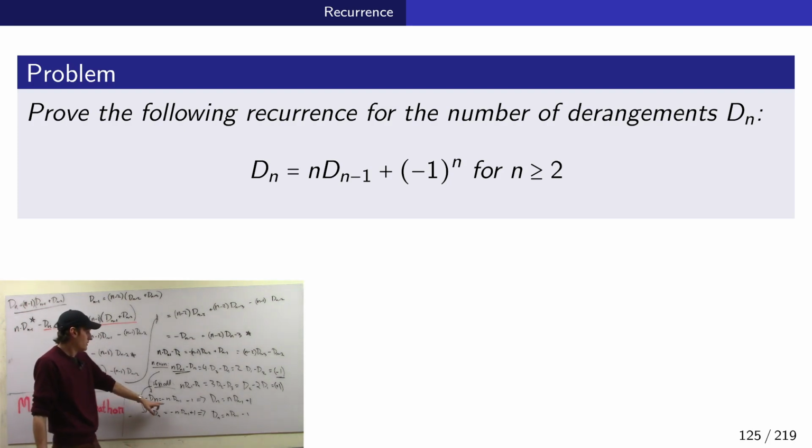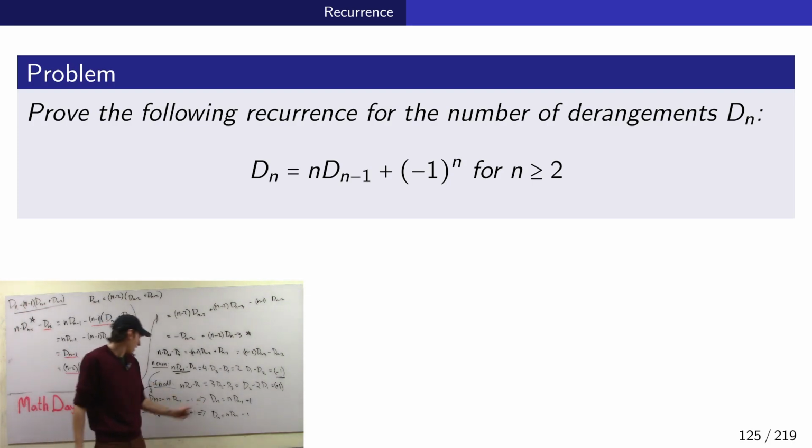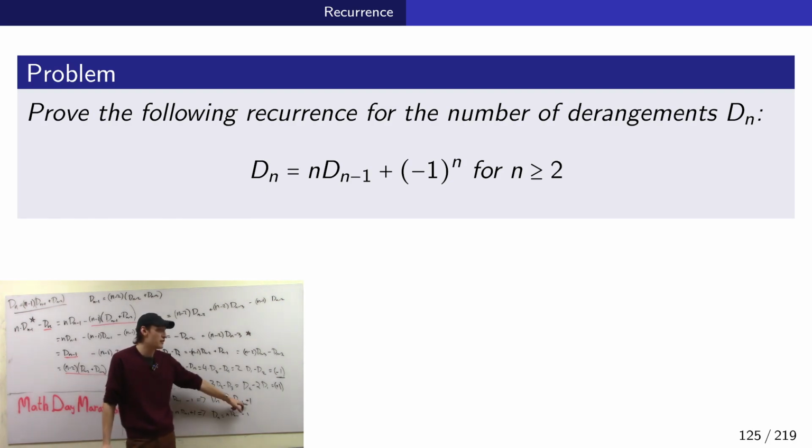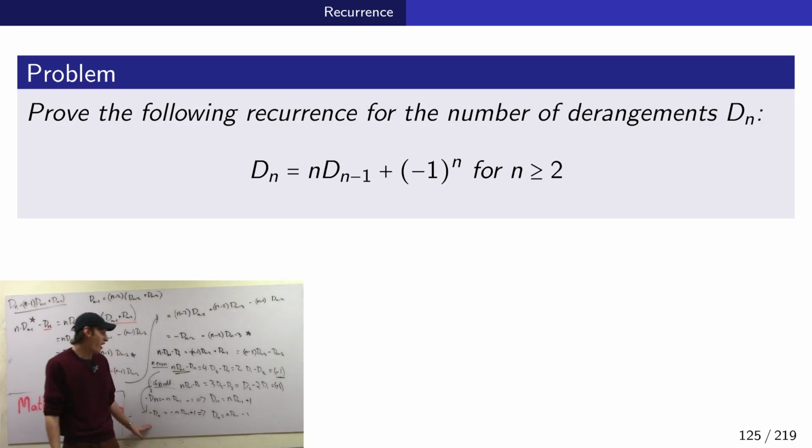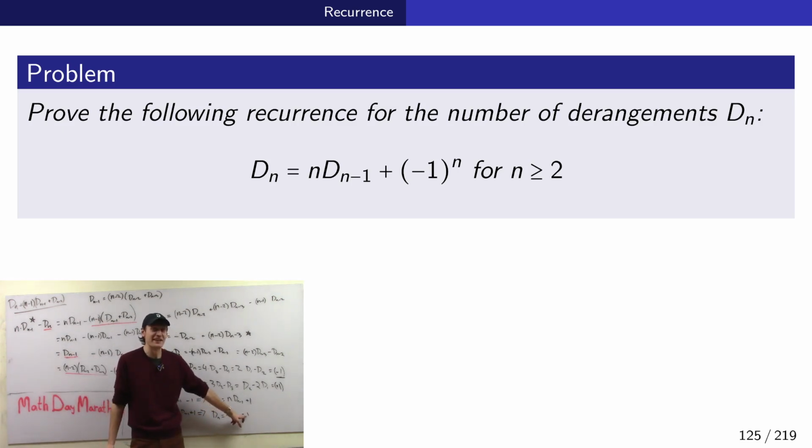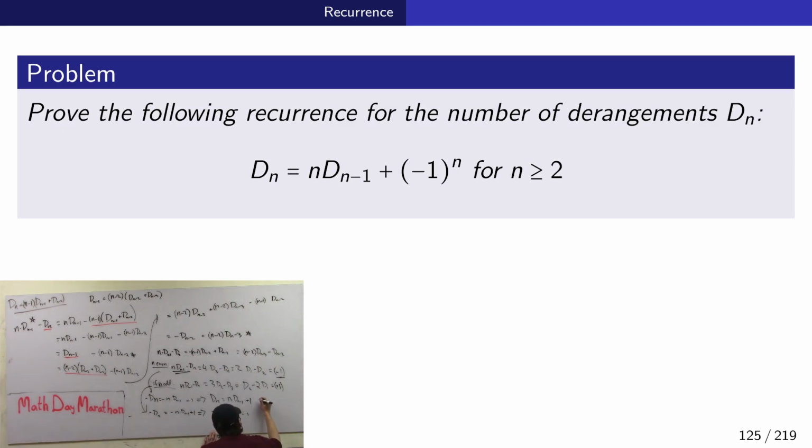And so again, if n is even, then (-1)^n is positive 1. If n is odd, (-1)^n is -1. So in each of these cases, this is equal to n times d sub n minus 1 plus (-1)^n for the case of n even.